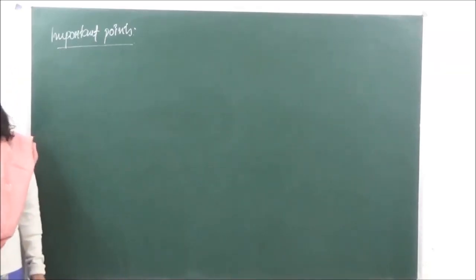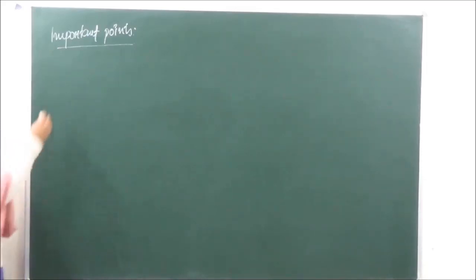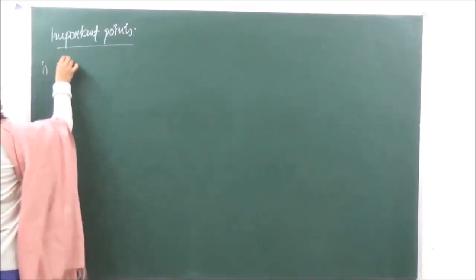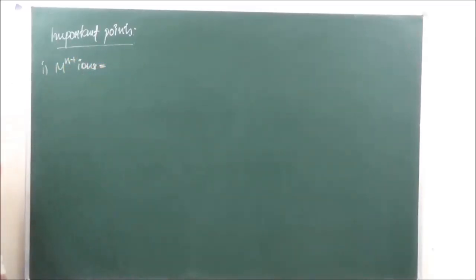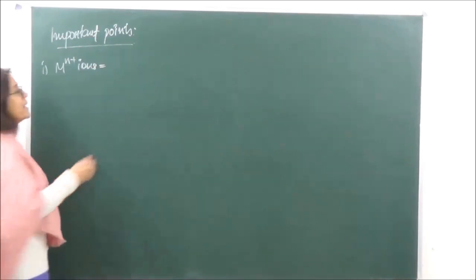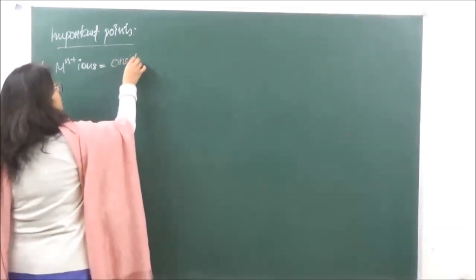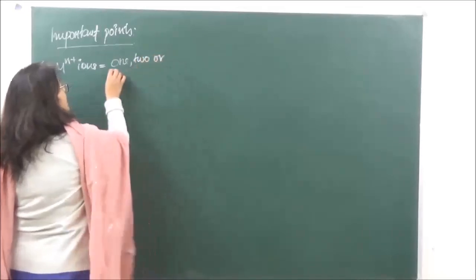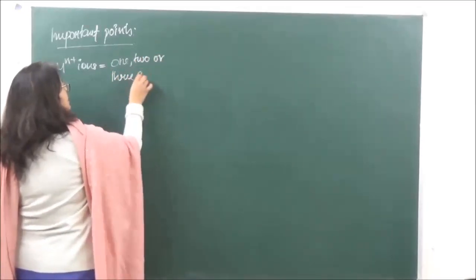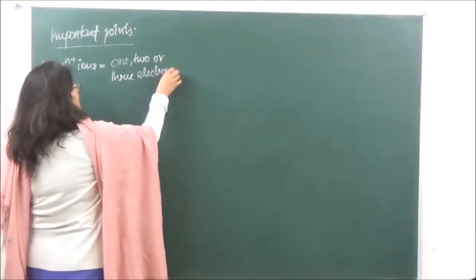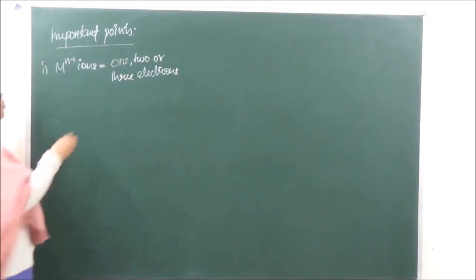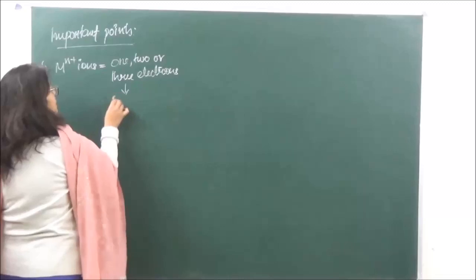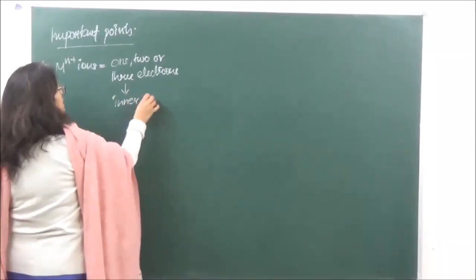The first one is that for M^n+ ions, all those M^n+ ions which have 1, 2 or 3 electrons in the 3d, ठीक है, in the 3d, they are going to form inner orbital complex.